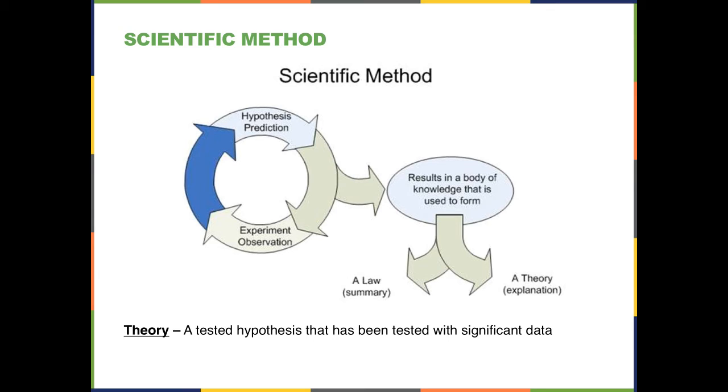A theory is a hypothesis that has been tested several times, multiple times, and is supported by a significant amount of data. Now, when laymen use the term theory, many times it implies what we think of when we think of hypothesis, which is just an educated guess.